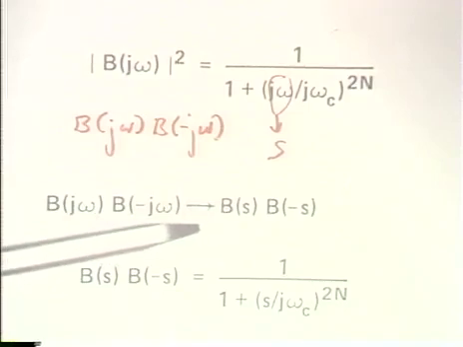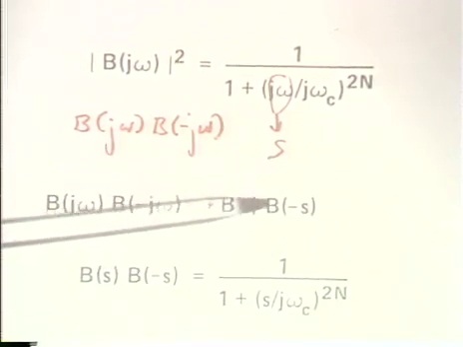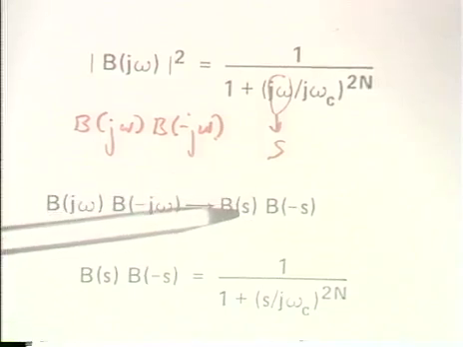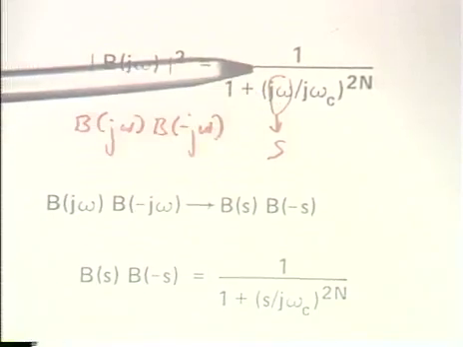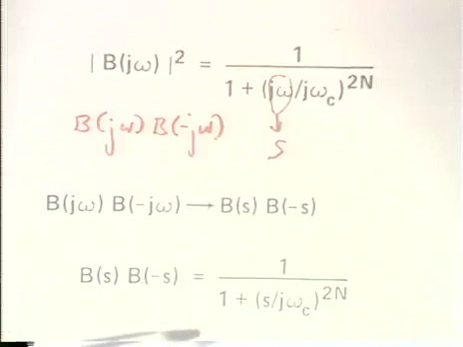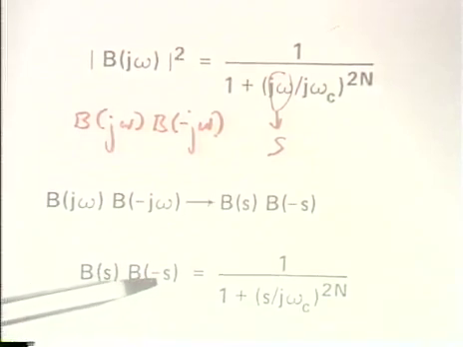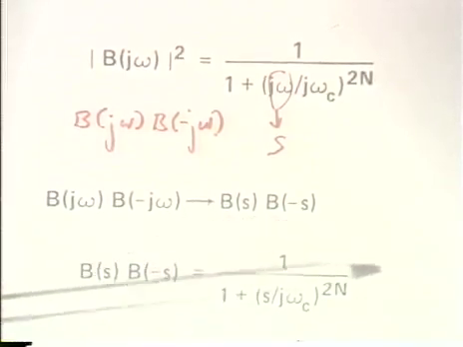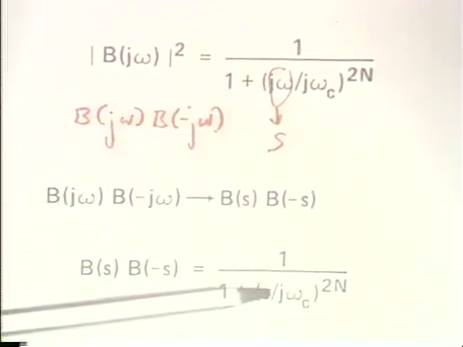More generally, then, this is the result of evaluating B of s times B of minus s at s equals j omega. Consequently, comparing this expression with this statement leads us to the conclusion that the transfer function B of s of the Butterworth filter times B of minus s is given by the expression that I indicate here, simply replacing j omega by s.